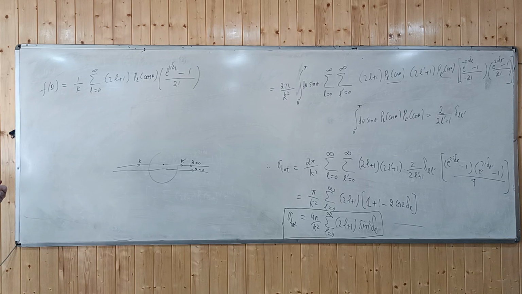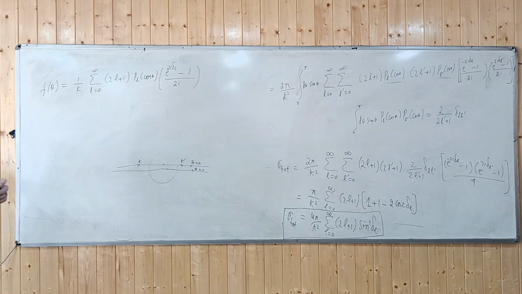A generalization of this result to quantum mechanics, we call the optical theorem. The optical theorem gives you the amount of scattering going in the forward direction, because the forward direction scattering is contributed by the destructive interference. If you have a shadow in the forward direction, the flux that should go in the forward direction must adjust in the other directions.